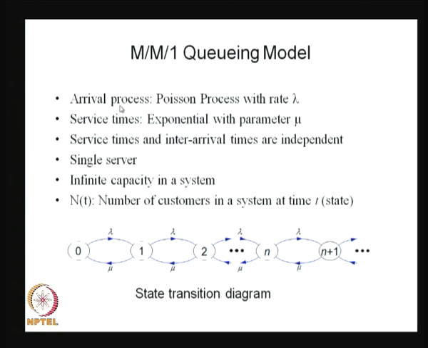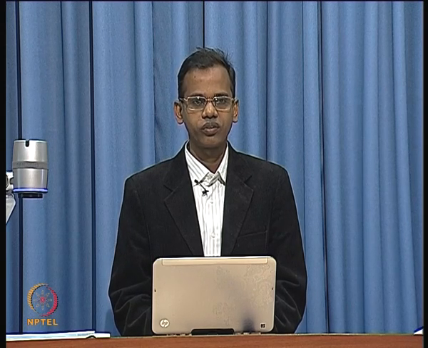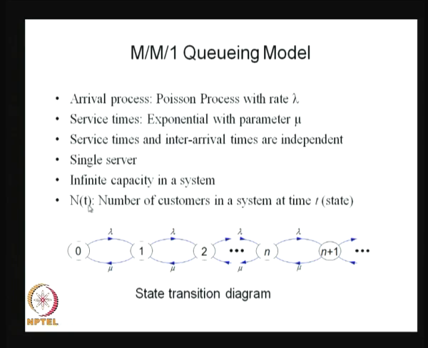Since the inter-arrival time is exponentially distributed and the service times are exponentially distributed, the memoryless property is going to be satisfied throughout all the time. Therefore, this stochastic process is a discrete state continuous time stochastic process satisfying the Markov property. Therefore, this is a Markov process.